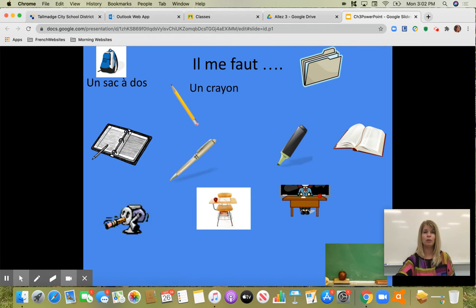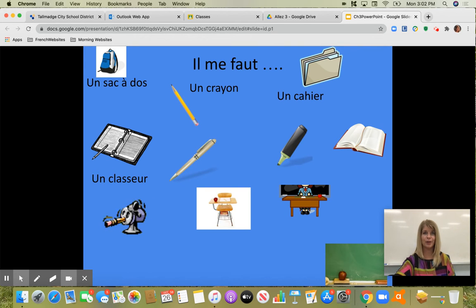Répétez. Un crayon. Get those R's in the back of your throat. Un cahier. Notice the pronunciation. We don't hear H's. So just ka, and then we hear the I, ER endings is an A sound. Répétez, un cahier. Très bien. Un classeur.